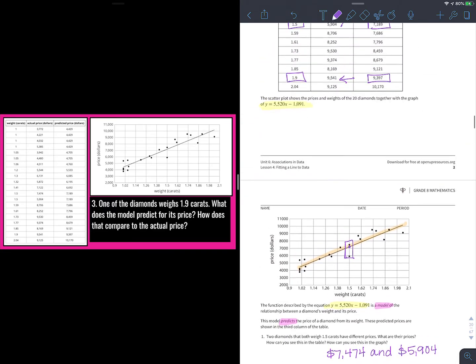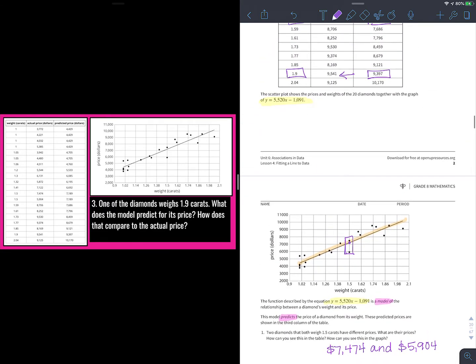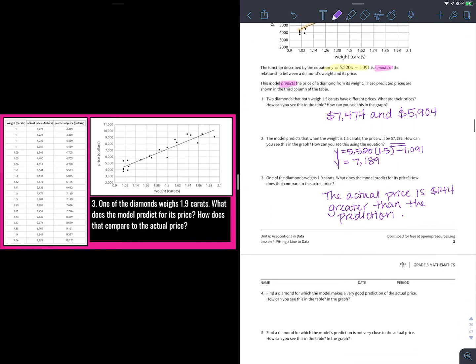And then if we look on the graph, we'll just kind of analyze where that would fall. You could kind of see, I'm assuming it's probably this point right here, because it's just a little bit more. The actual price is a little bit more. That's why it falls above the line.